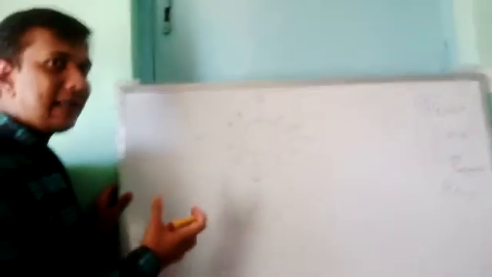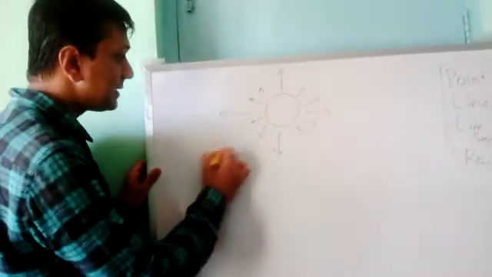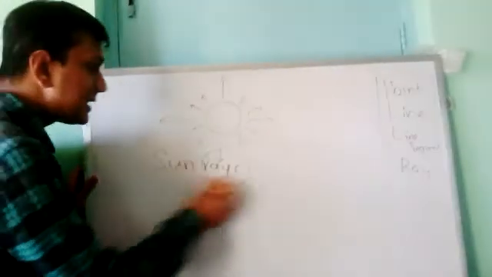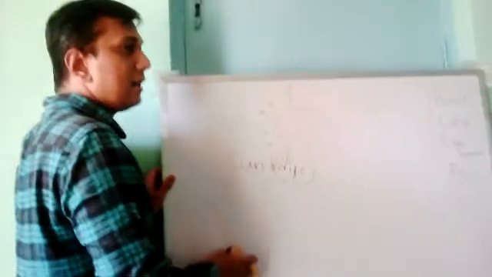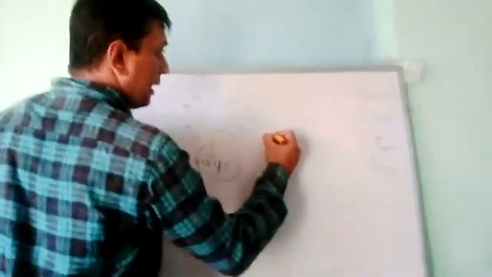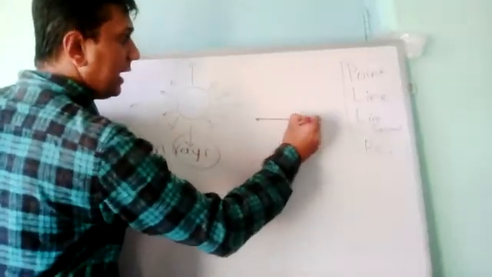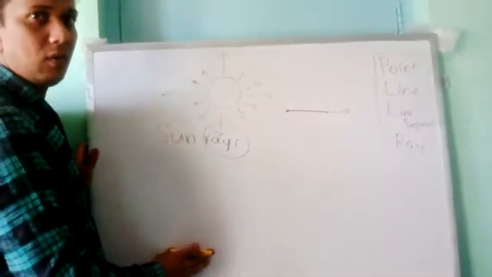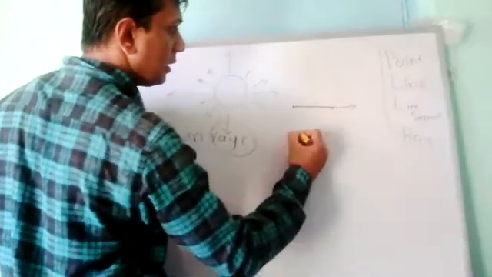How does that light reach the earth? In the form of sun rays. Very good. Why are we calling them rays? Why not call it a sun line segment or sun line? Because the definition of a ray is a line segment extending in only one direction, either in this direction or in this direction.